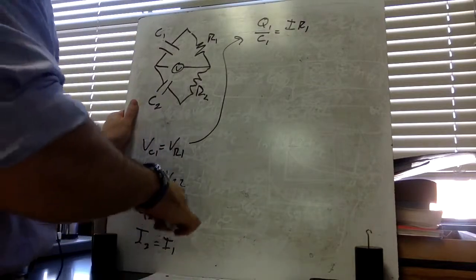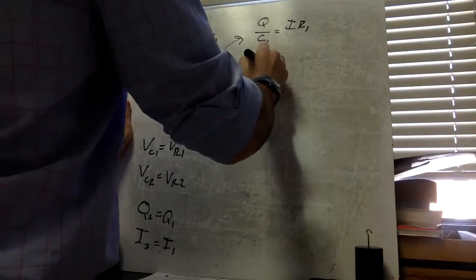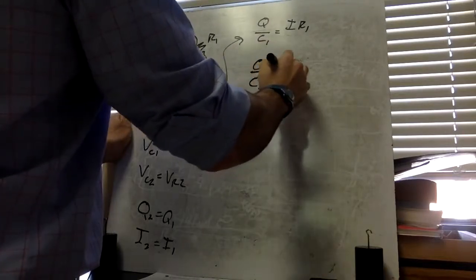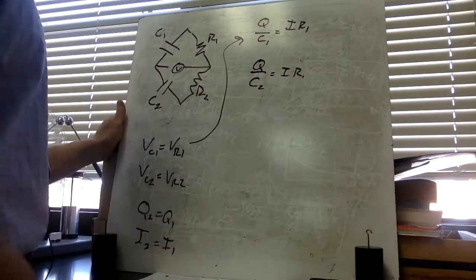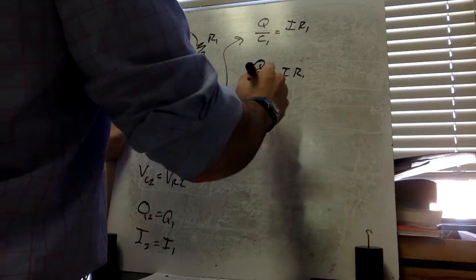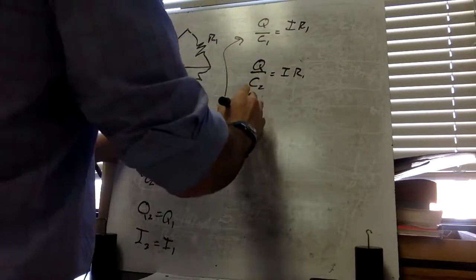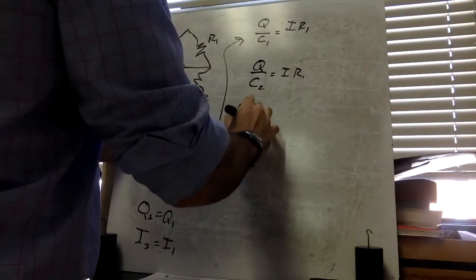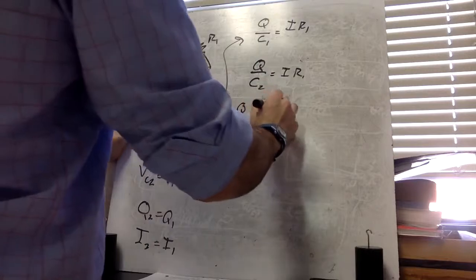And the same thing is true for the other: Q over C2 is equal to I times R2. These I's are the same, so I can solve these. So this I would be Q over R1 C1, which is equal to Q over R2 C2.